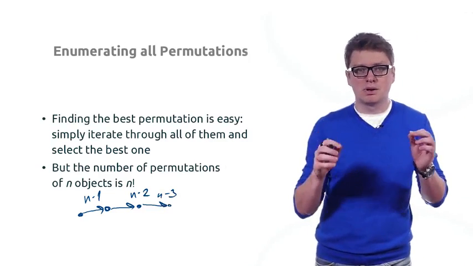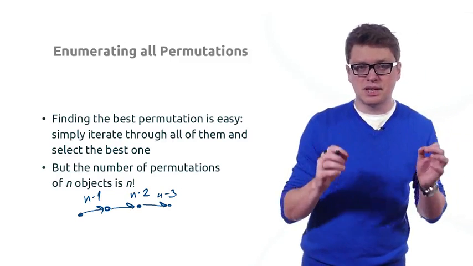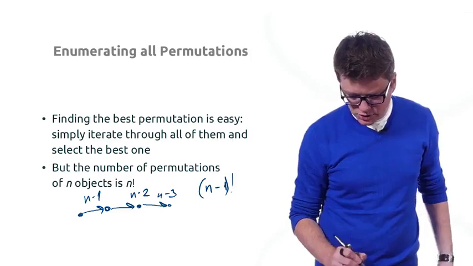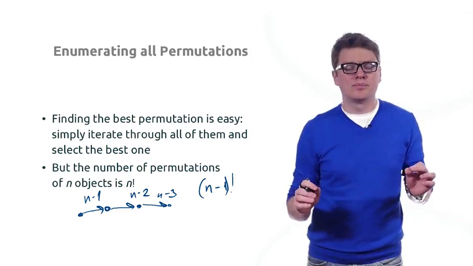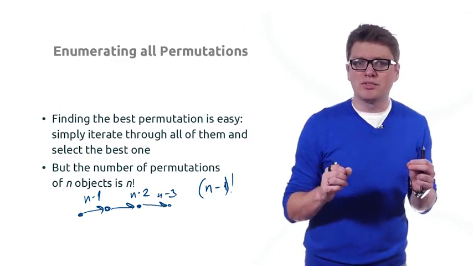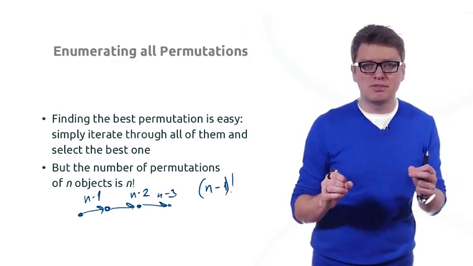So the total number of different cycles is n minus 1 factorial, which is almost the same as n factorial. And unfortunately, the n factorial function grows extremely fast.